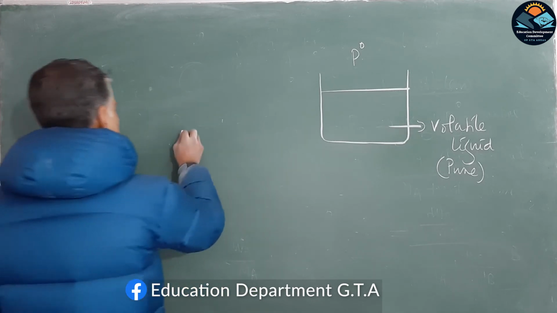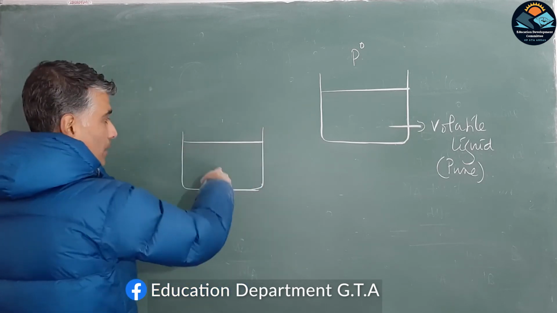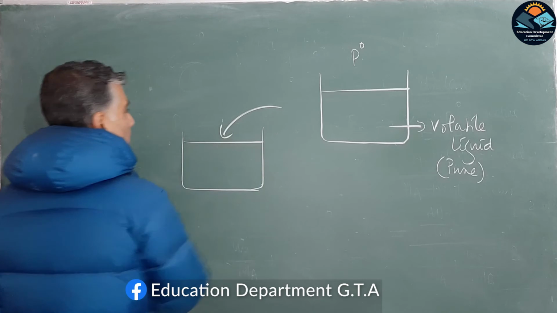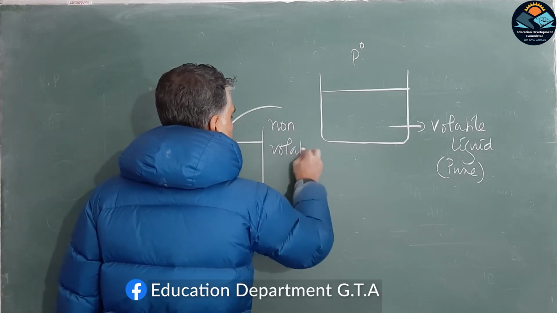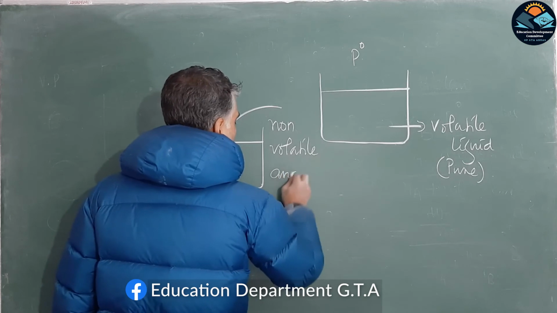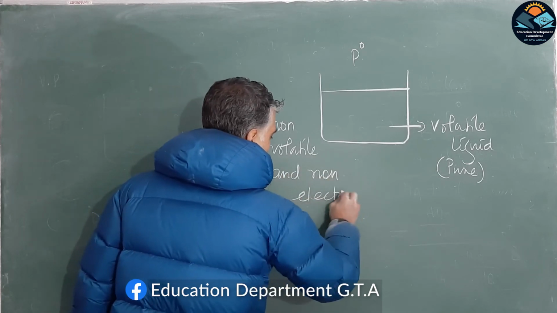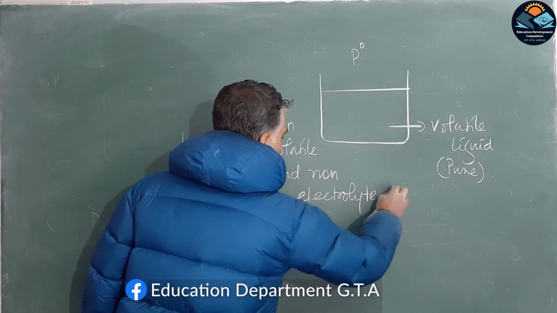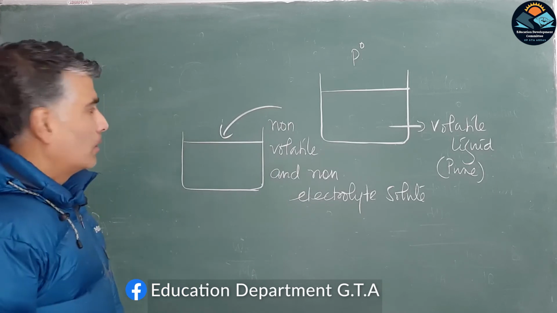Now what I'll do is, I'll prepare a solution of the same liquid here by adding a non-volatile, non-electrolyte solute. What's the meaning of non-volatile solute?